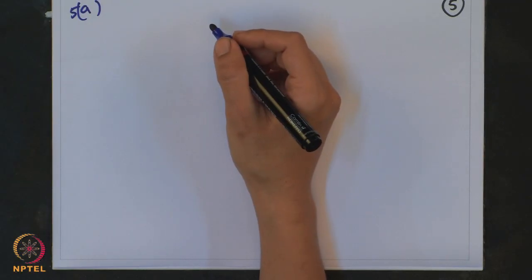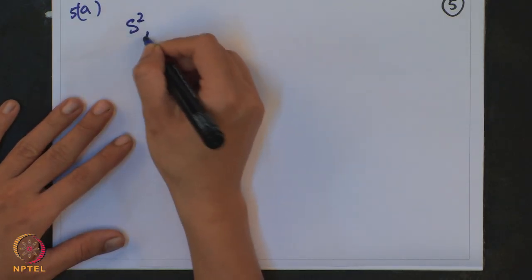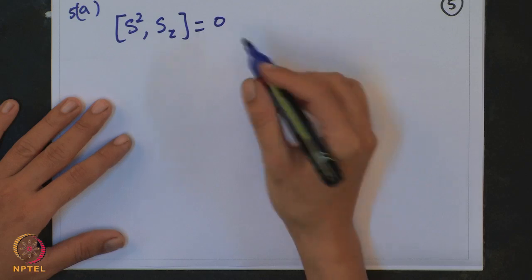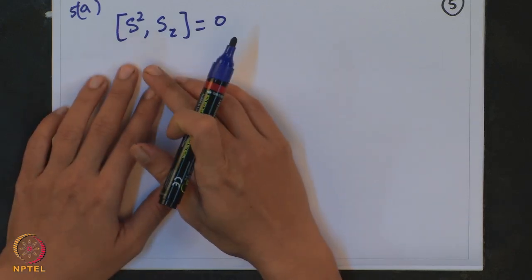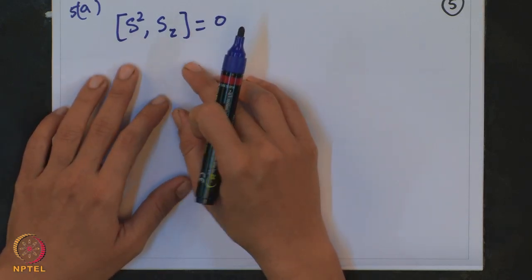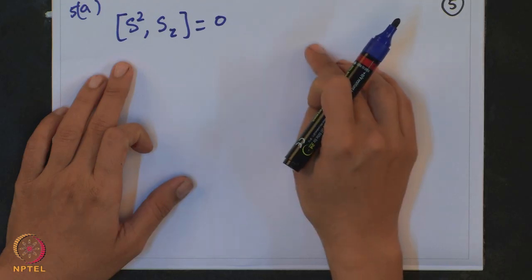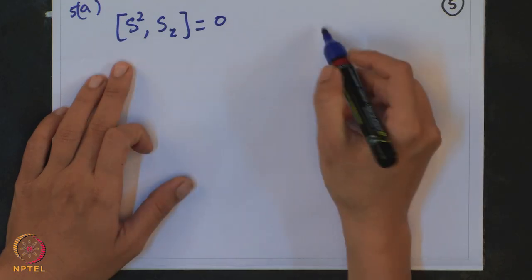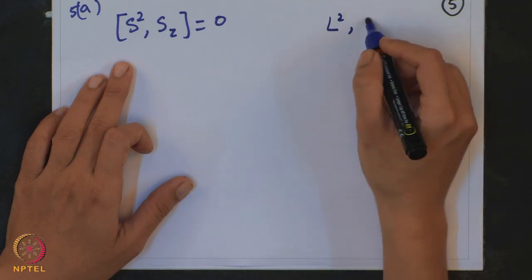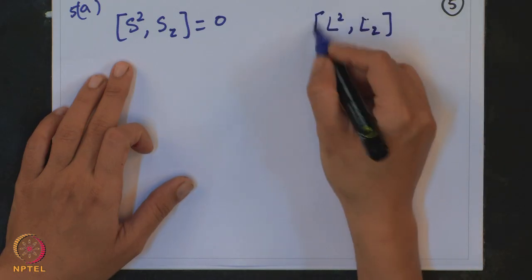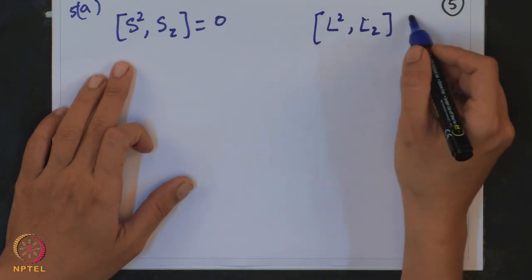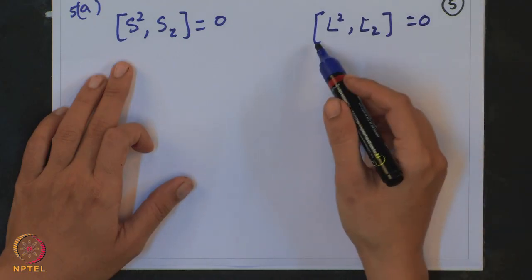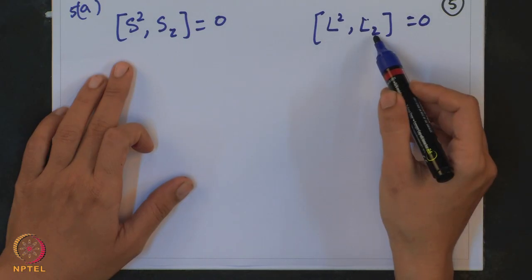So, in this you have S square, and you have to prove that S square and Sz commute. What will happen if S square and Sz commute? If S square and Sz commute, then they form a simultaneous eigenket. You have also seen the same thing for the angular momentum operator. L square and Lz commute, so you can form a simultaneous eigenket for L square and Lz.